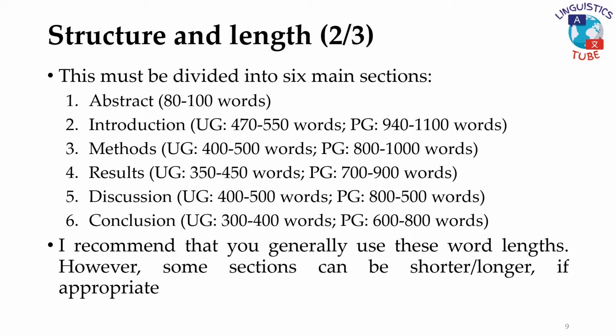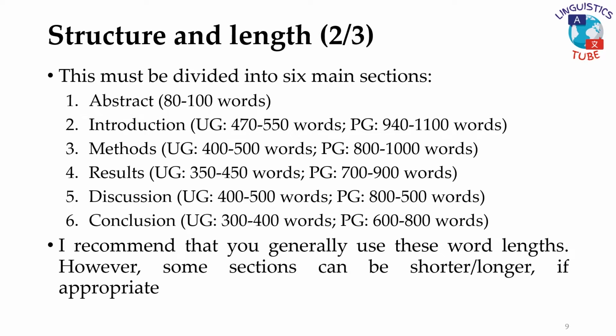After that is the discussion section, which I recommend is the same length as the method section, 400 to 500 words. Finally, you should end with a conclusion, which only needs to be 300 to 400 words for an undergraduate academic article.